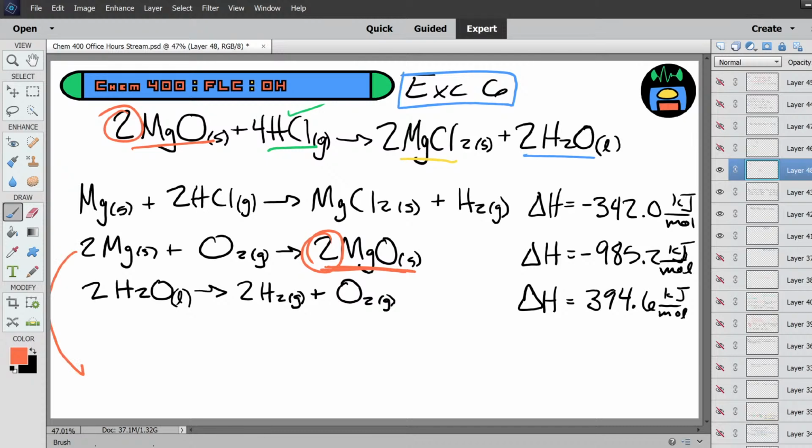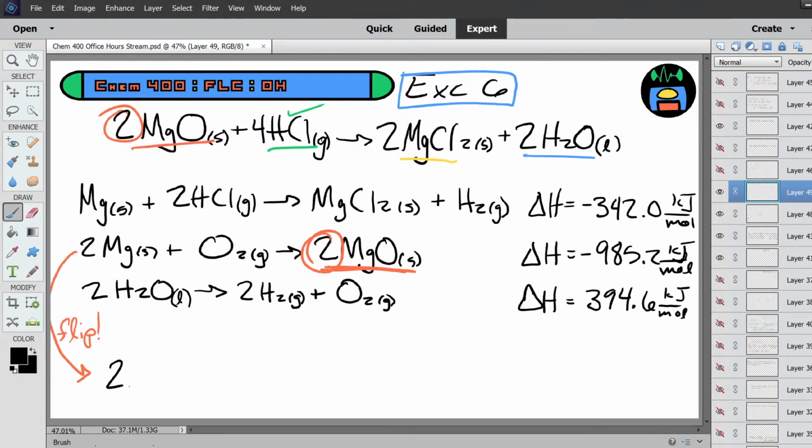We want 2 moles of magnesium oxide on the reactant side, and in this reaction, it's on the product side. So we need to take this reaction and flip it, which multiplies our delta H by -1. When we flip this reaction around, we exchange our reactants and our products.